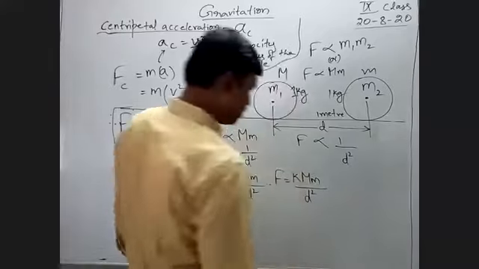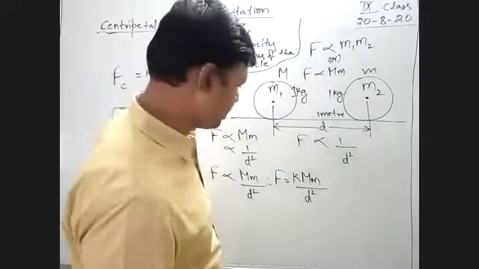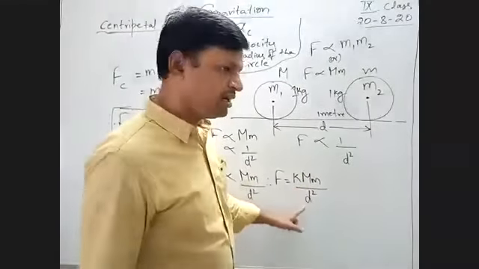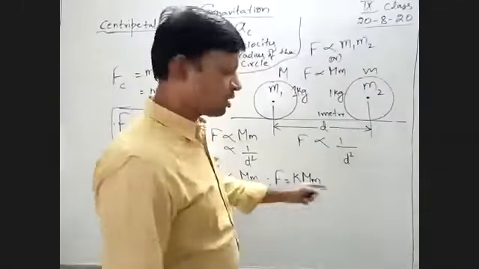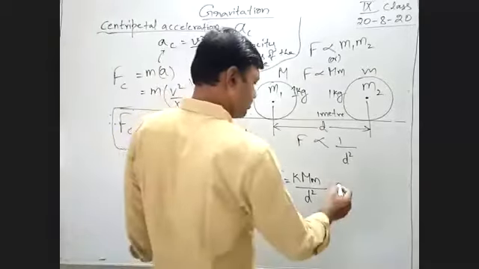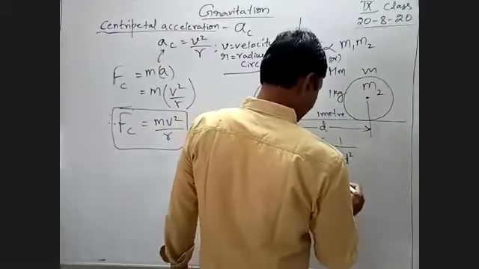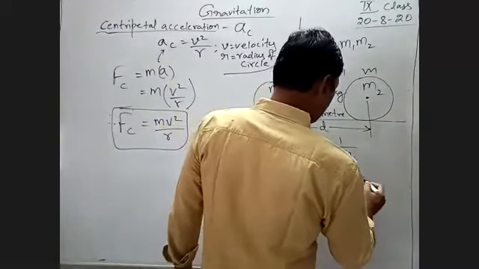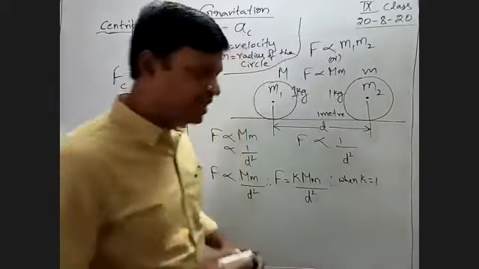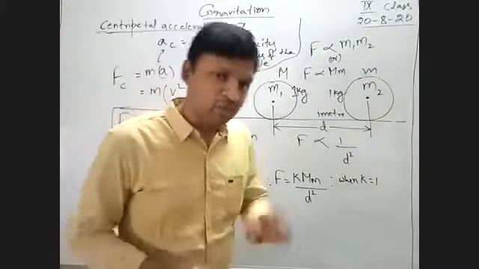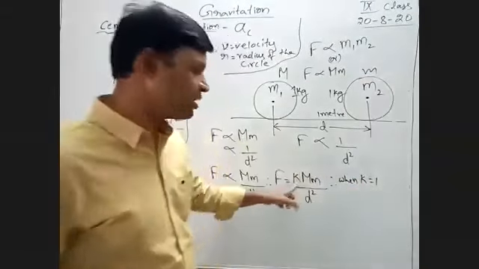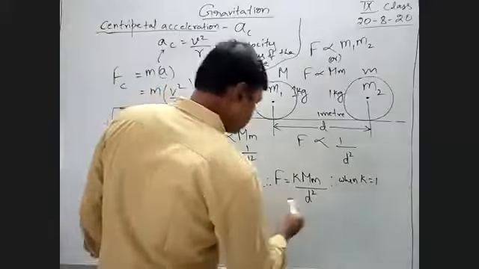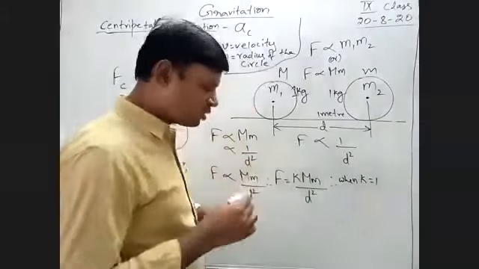Now what is the value of k? As we are defining here, both are 1 kg masses, so k equals 1, because we are defining unit force. Why k equal to 1, you may ask.